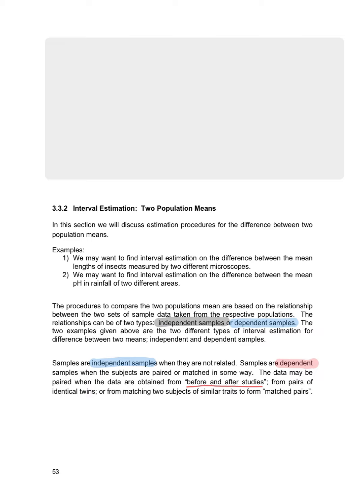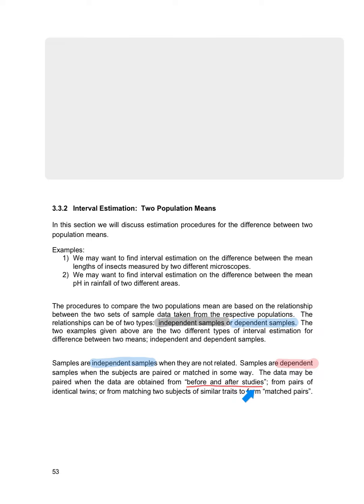Then the following weeks they attend the statistics course and learn the subject, and after that I give them the same quiz on statistics again and measure. So the scores have been obtained before and after they attend the course.